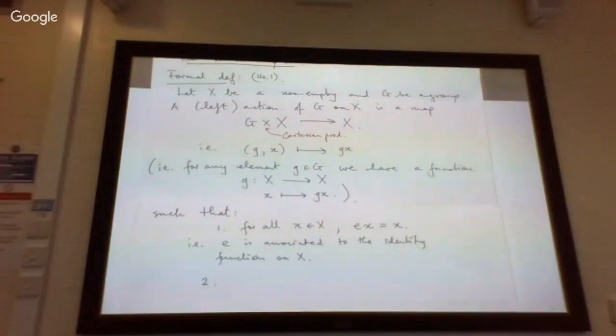If we've got a left action, that means you've got two functions, G1 sending X to X, and G2 sending X to X. You give G1 any little x, it sends it to another element of the set X. You give G2 any element from X, it sends it to another, maybe the same one, but it moves all the elements of X around.